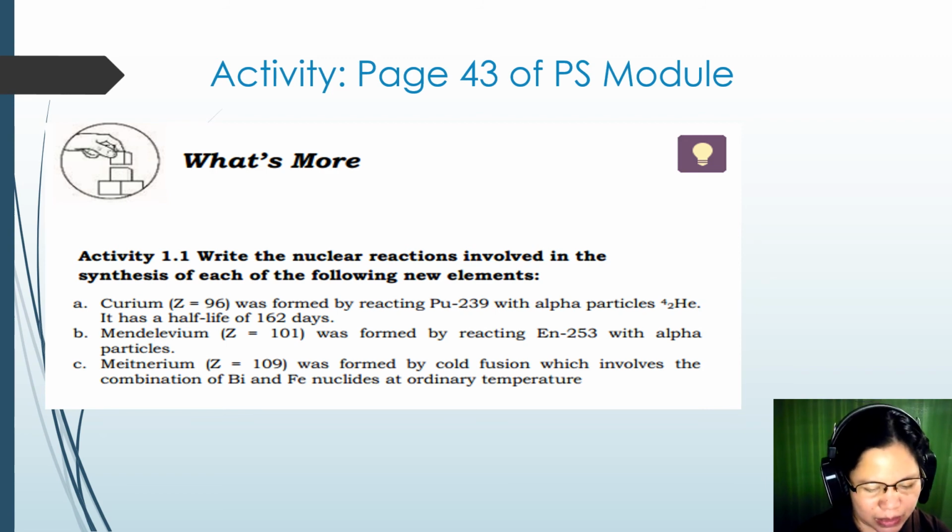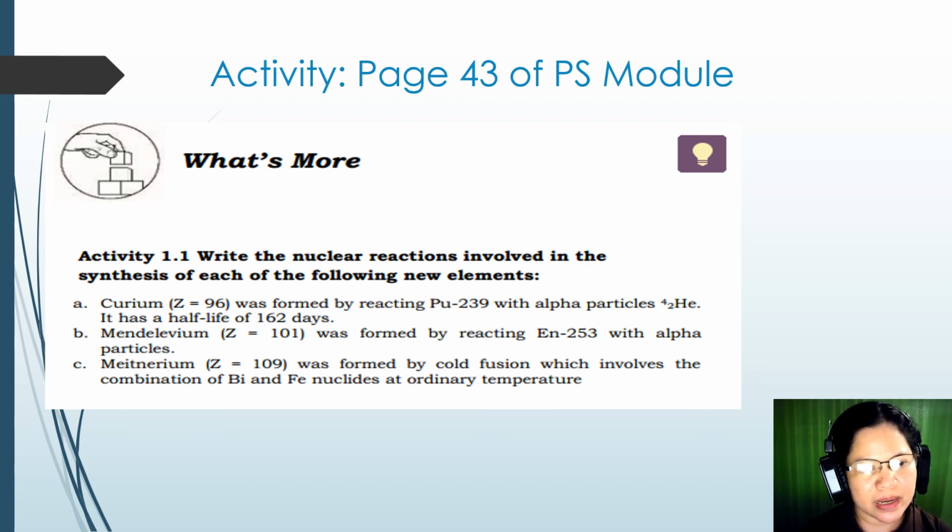Letter B, mendelevium, atomic number 101. It was formed by reacting einsteinium-253, which you can check using your periodic table, with alpha particles.